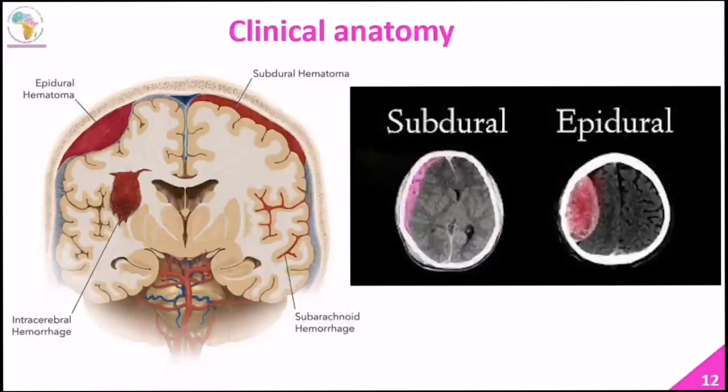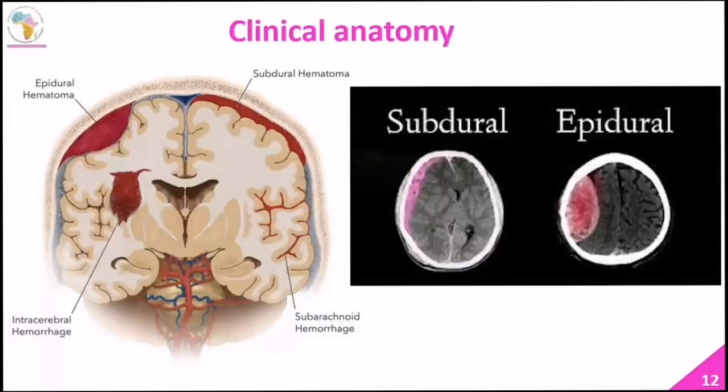On the other hand, a subdural hematoma is typically caused by an intracranial venous bleed, commonly due to damage of the cerebral veins. Sub means below, so subdural means below the dura mater. Blood is collected underneath the dura mater and above the arachnoid mater.